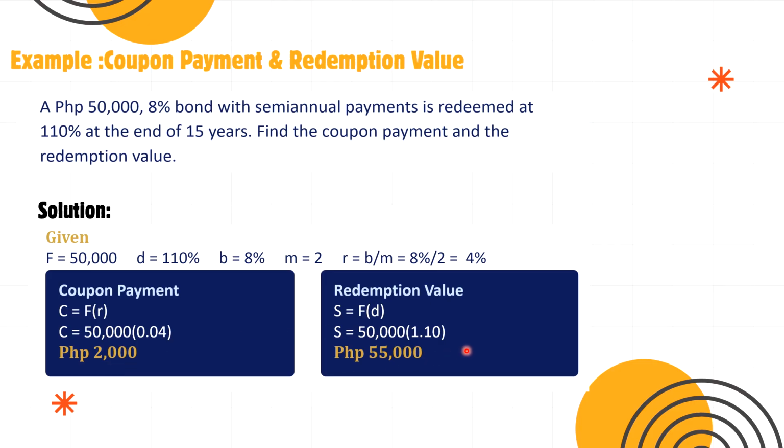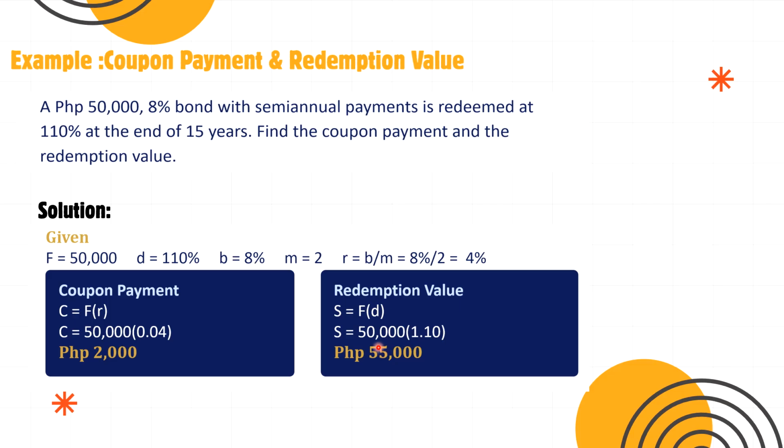So next is how to get the redemption value. Redemption value is equal to face value multiplied by the redemption rate. So redemption value is equal to 50,000, which is our face value, multiplied by the redemption rate, which is 110%.